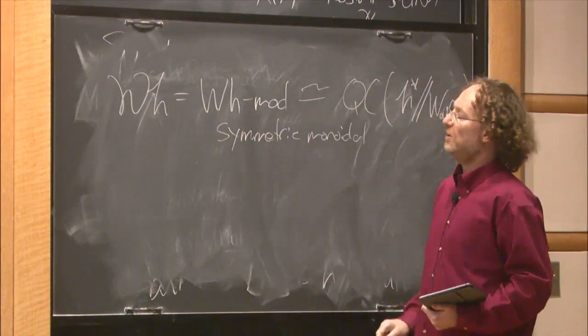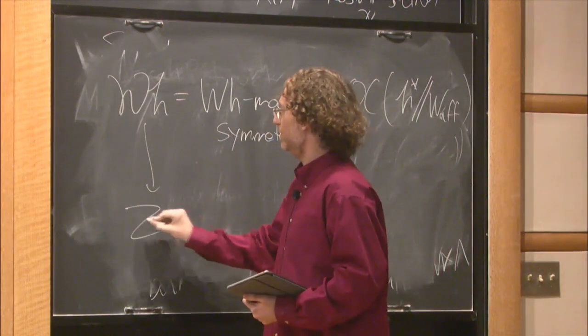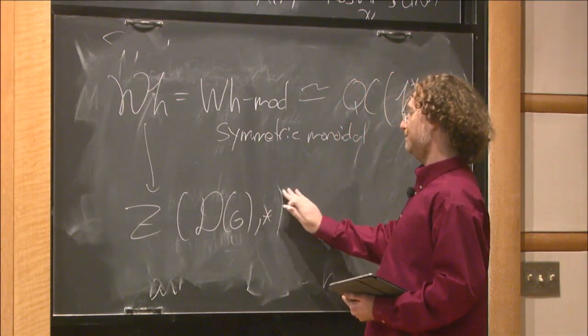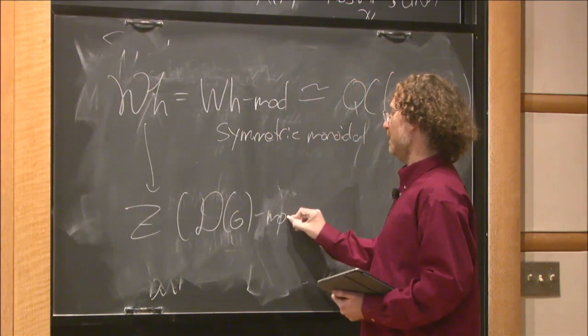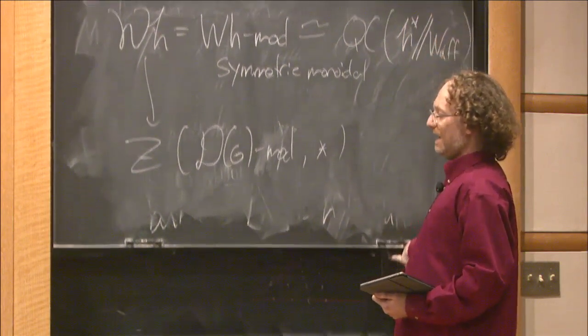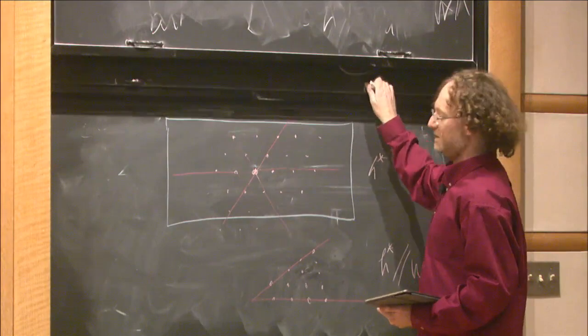So this is symmetric monoidal, and it maps to the center of sheaves on the group with convolution. And what that means in practice is it's a kind of categorical version of the Harish-Chandra system.